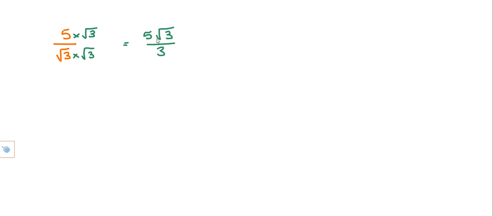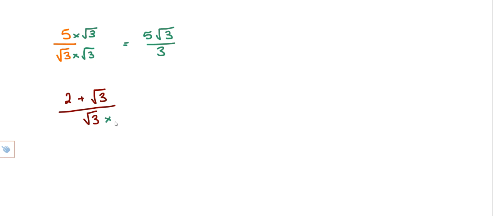That's my answer. Okay? If I took it up to the next stage, so for instance if I add 2 plus root 3 over root 3, so now the numerator's got a bit more to it, we still have the same situation. How do I rationalise the denominator?